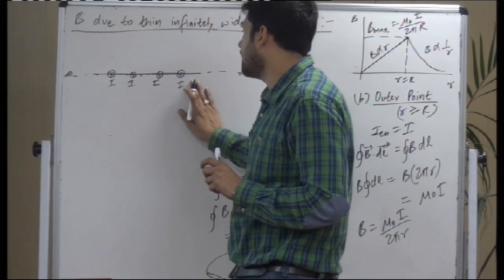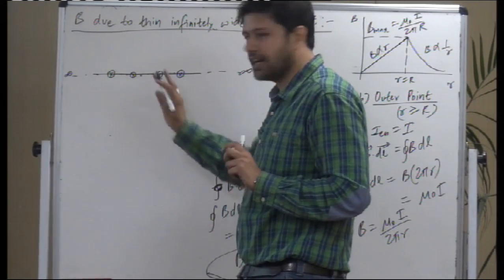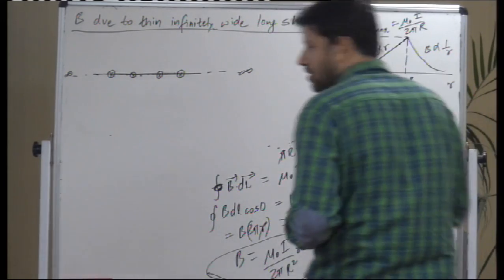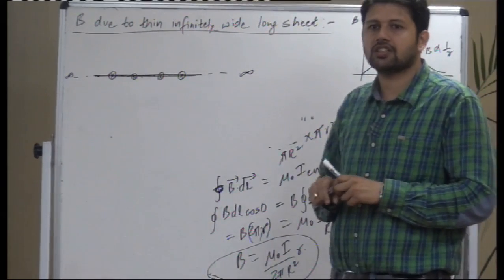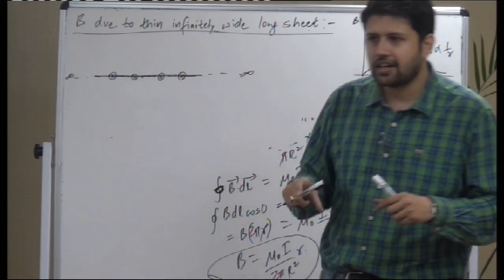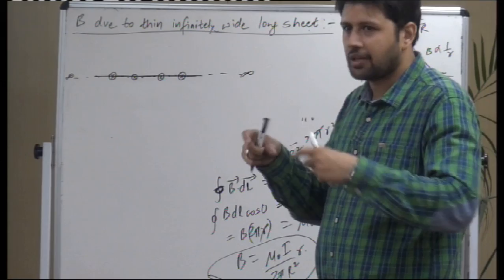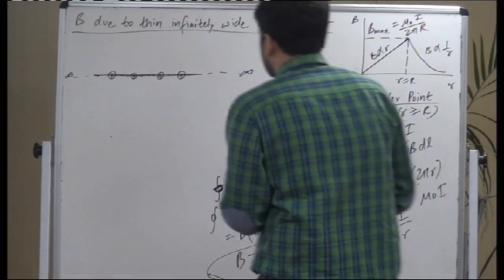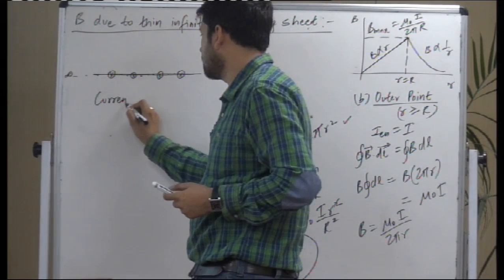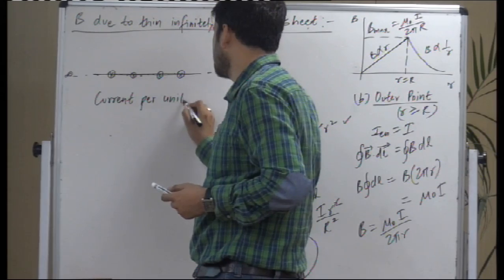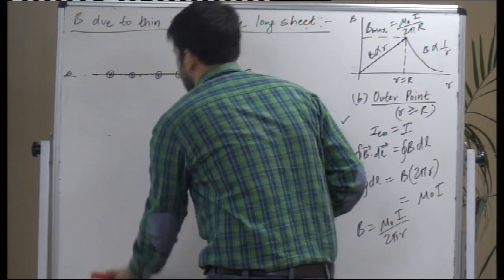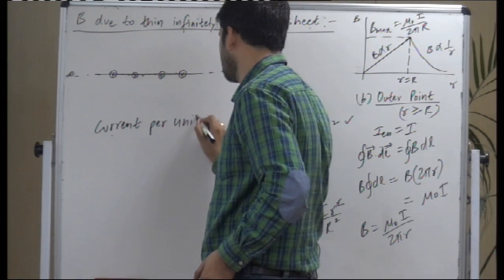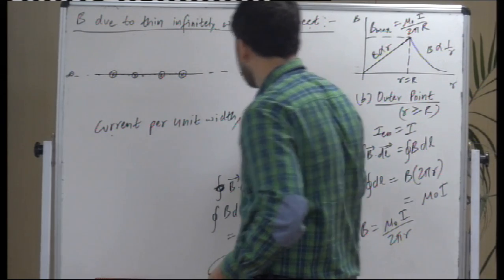Now see, we define a quantity called current per unit width. You remember this from the earlier question, the strip one? That strip had finite width but infinite length. Now increase it. Current per unit width, let's call it lambda.